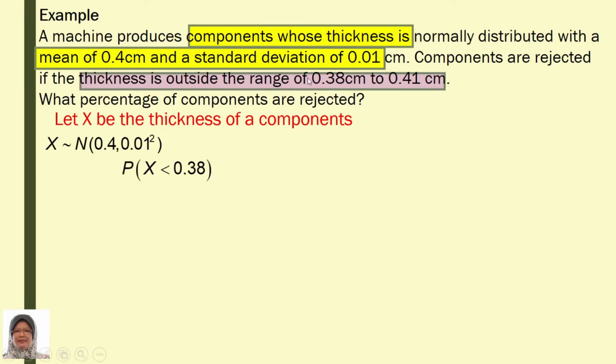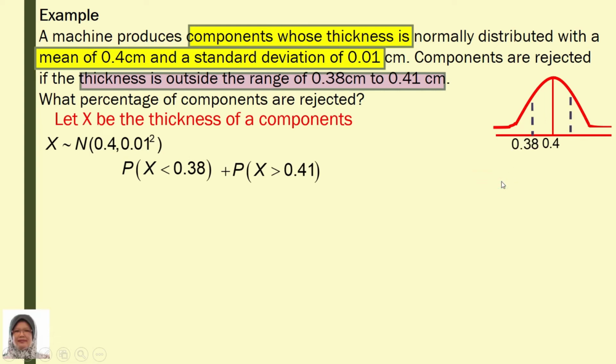From this question, we can write P(X < 0.38) + P(X > 0.41). Look at the graph. We draw the X distribution with mean 0.4 and we draw 0.38 and 0.41 and sketch the area less than 0.38 and the area greater than 0.41.